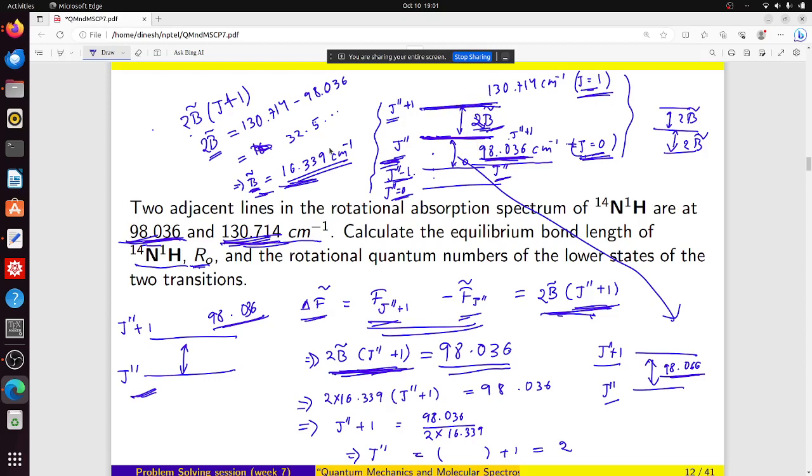So I can rephrase this problem like this: let's say the initial state was J double prime and the final state is J double prime plus 1, and the energy difference between these two will be 98.036.